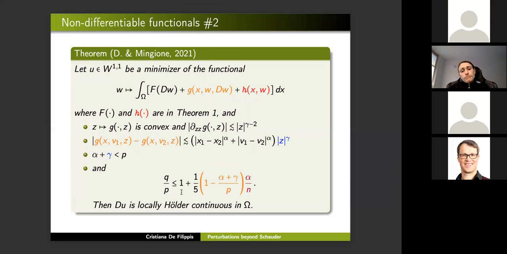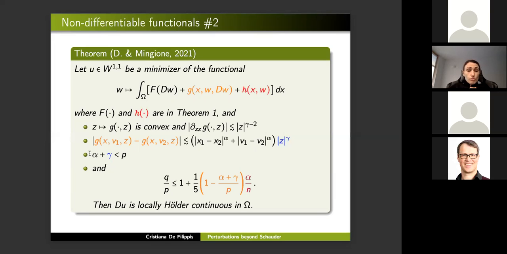More difficult, we include another lower order term that this time depends on the gradient. Here we are assuming that G is convex in the gradient variable, that the second derivatives verify this kind of growth. The oscillation with respect to x and v is Hölder and can be quantified also via a power of the gradient variable.